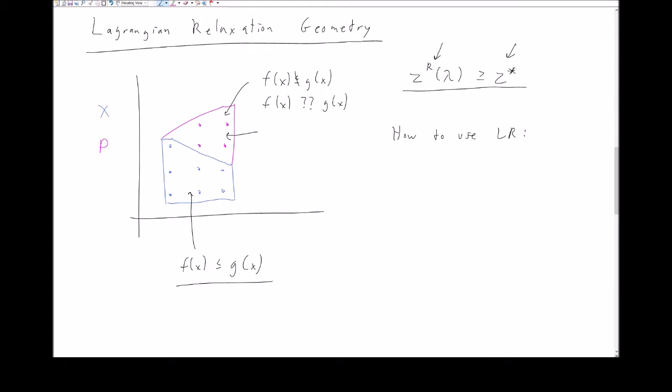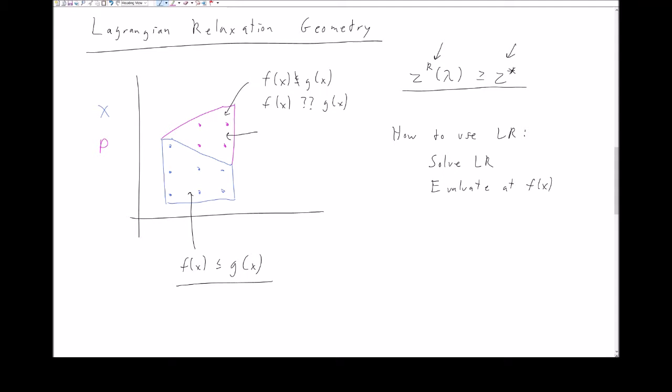To use this inside of an algorithm, what we generally do is formulate the Lagrangian relaxation, and then solve it. Because it is a relaxation, it should be easier to solve. Then we take this solution, the Lagrangian relaxation solution, and instead of evaluating it at g of x, we evaluate it at f of x.